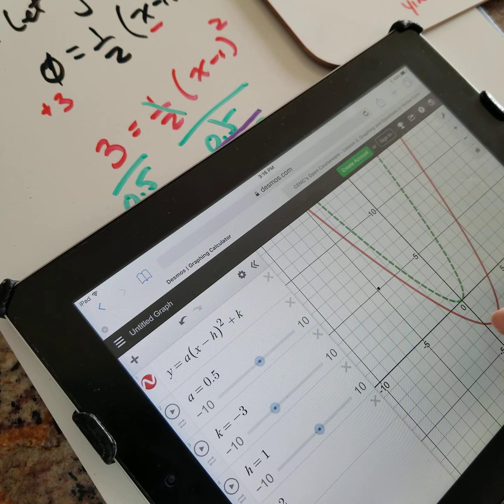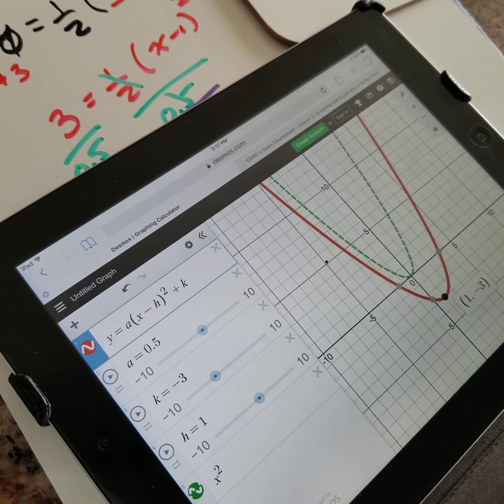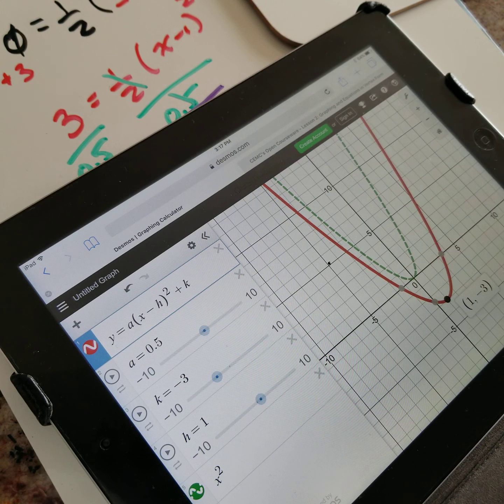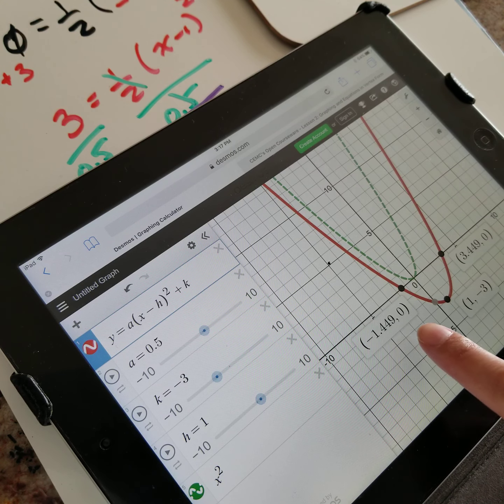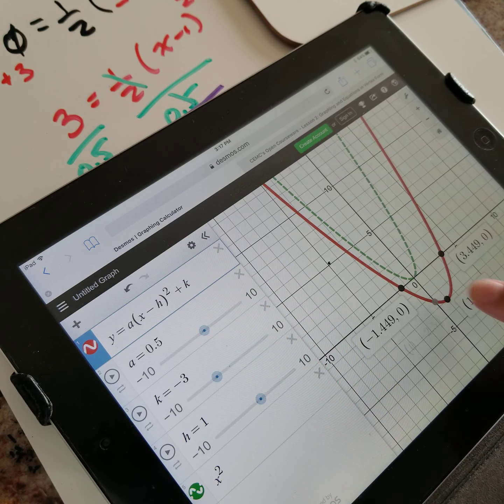And then let's check our points. So here I have the vertex at 1 and negative 3, which was given to us from the equation. I have x-intercepts that you can see here at negative 1.4 and positive 3.4. And then the y-intercept is plotted here at 0 and negative 2.5. And then that fifth point would be the symmetrical point over here.